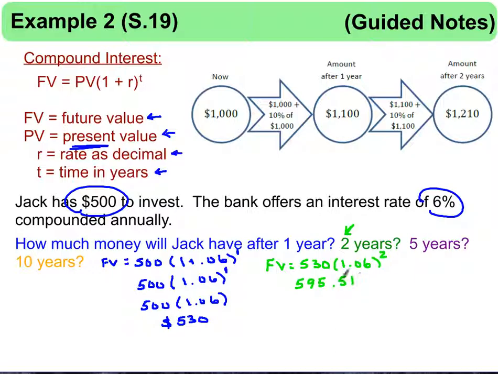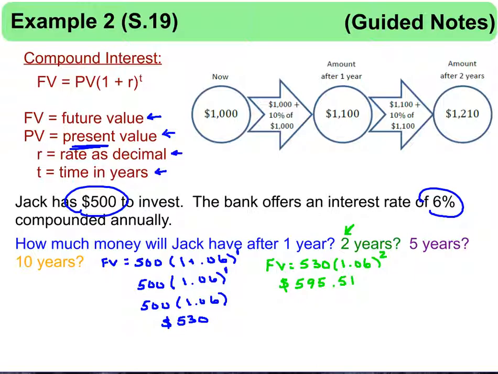We'll round that a little bit. And so that's what we would have in the bank after 2 years. So if we want to fast forward 5 years, you continue to figure that out and so forth. But that gives you an idea of what's happening in that given design.